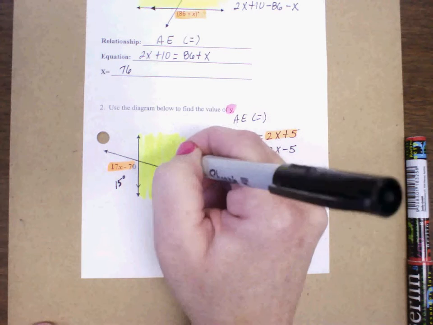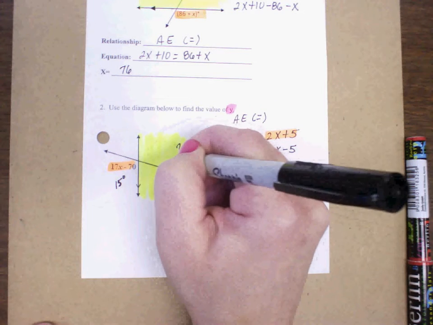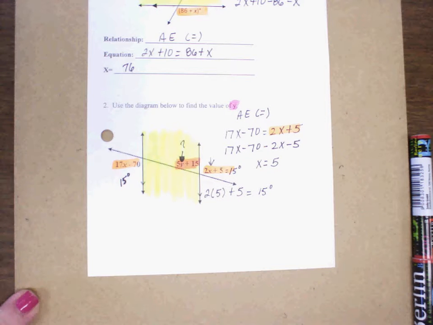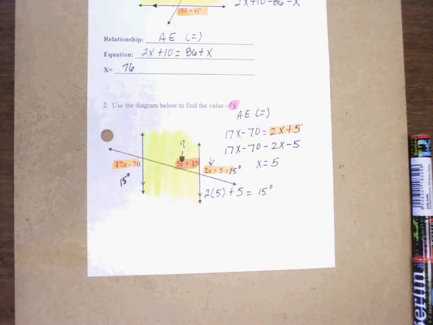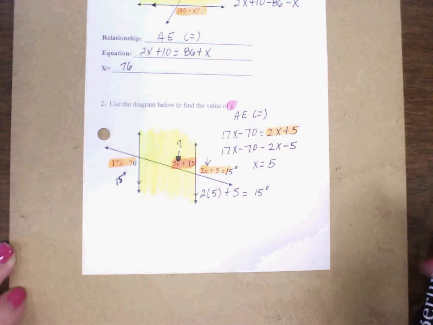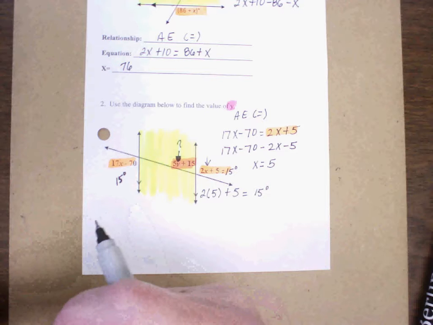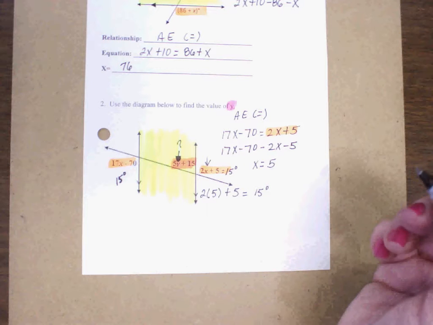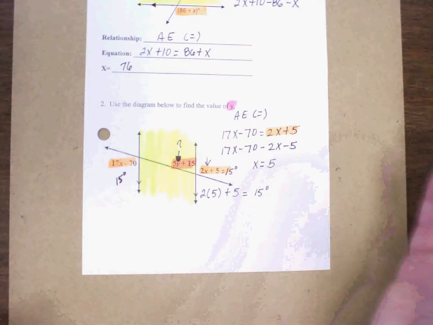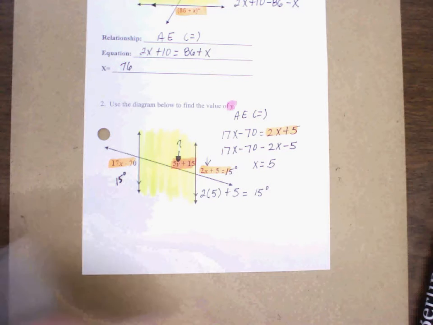But I want y. That's what I want. So what can I do? I can what? That's a very good idea, but why do we do that? How do you know that we have to do that?